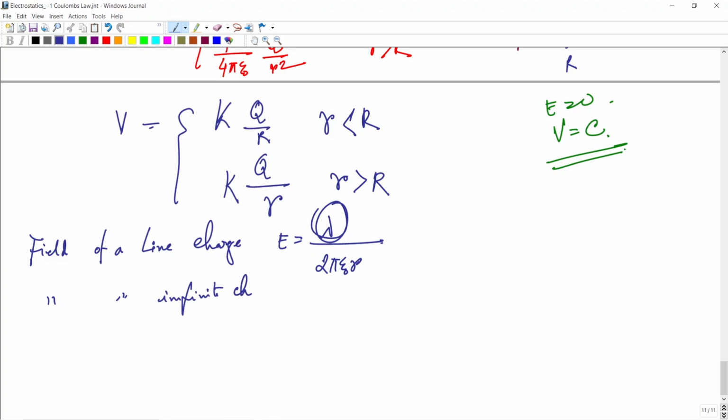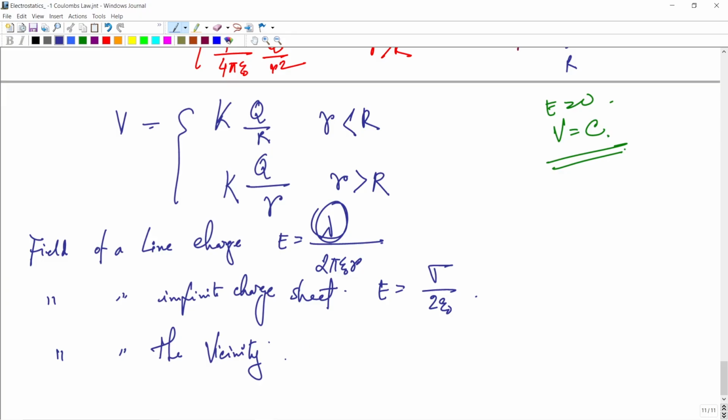The field of an infinite charge sheet is E equals sigma over 2 epsilon naught. The field in the vicinity of a conducting surface is E equals sigma over epsilon naught. Those are the three basic applications.